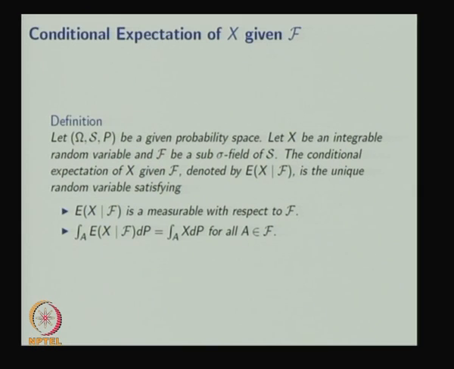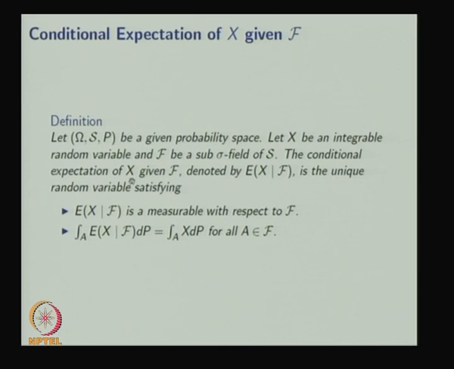The definition is as follows: let omega, S, P be the given probability space, let X be an integrable random variable and F be a sub sigma field of S. So, here I am defining a probability space with omega, the sigma field S, and P the probability measure, and the random variable which is integrable, and F the sub sigma field of S.